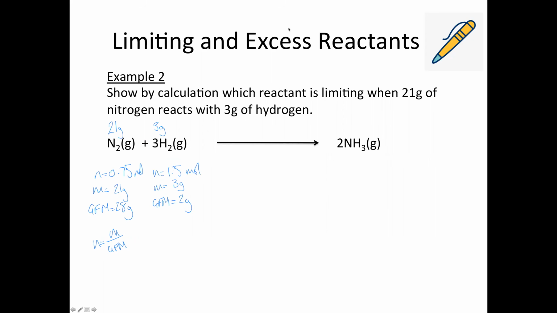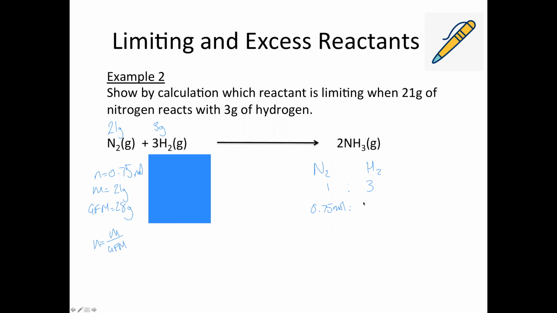So now we're going to cover up the second reactant and use the mole ratio to work out how much hydrogen we would need to fully react all the nitrogen. So it's a 1:3 ratio this time. So if we want to react our 0.75 moles of nitrogen, we would need 3 times the amount of hydrogen.